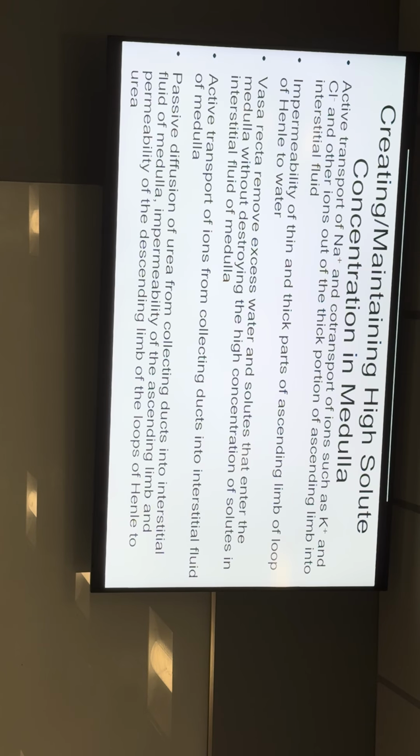But mostly what happens in the loop of Henle is a bunch of salts go in, and then all the salts just go right back out, and they negate each other. The fact that all these salts go in is equal and opposite to all the salts that go out. But then, in addition to that, a little bit more sodium, potassium, chloride get reabsorbed from your loop of Henle. But not much. Most of that happened in your proximal convoluted tubule.